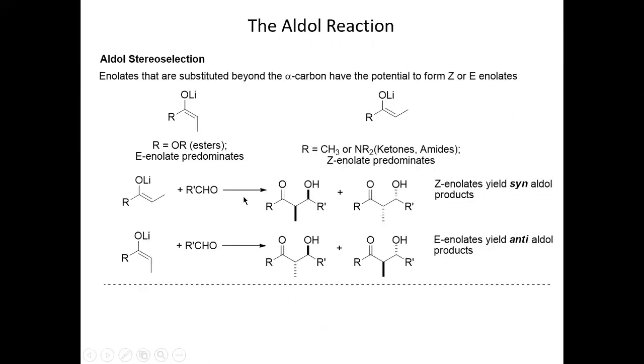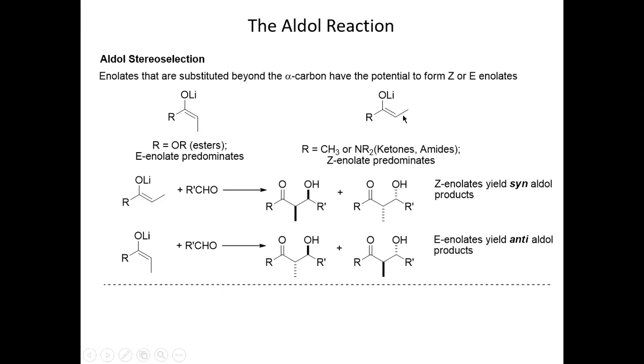But if you extend the substitution, then you have the potential to form what you call an E enolate or a Z enolate. E enolates are here, where the oxygen is here, and then the other group is opposite to it. So it has an E stereochemistry, and then the Z stereochemistry.